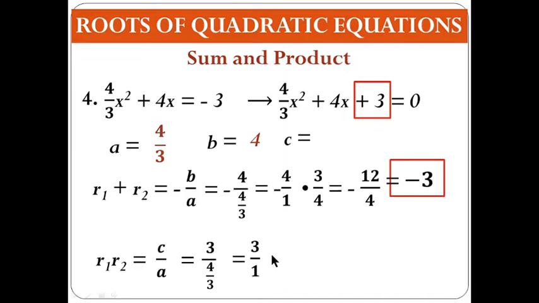So 3 over 1 times yung reciprocal ng denominator. 4 over 3 reciprocal is 3 over 4. Then get the product. So the product is 9 over 4. So negative 3 ang sum, positive 9 over 4 ang product.